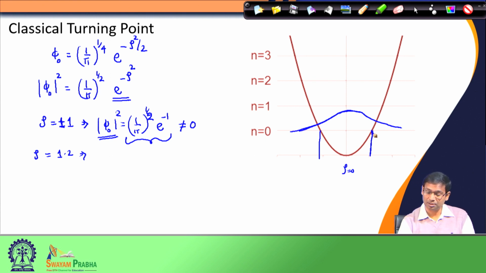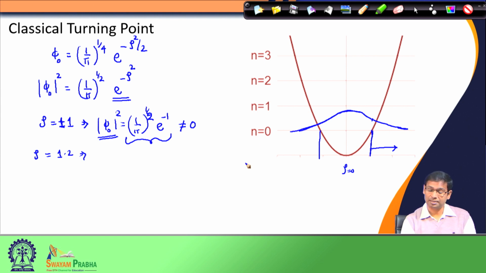So, at the turning point, instead of the wave function having amplitude 0, it actually has a finite amplitude. Therefore, the probability of finding the system at the turning point is non-zero, and what is more interesting is that even beyond this classical turning point, I have a finite probability of finding the system.